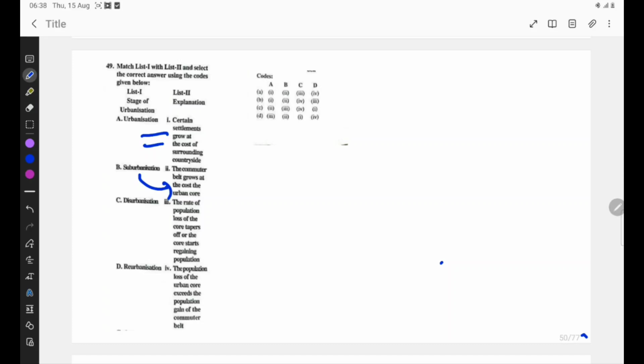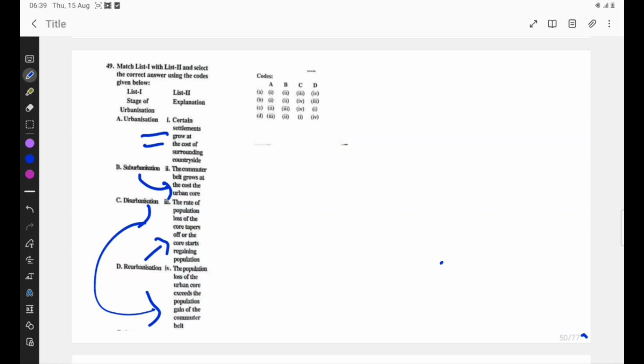Disurbanization is the population loss of the urban core exceeds the population gain of the commuter belt, C4. And reurbanization is the rate of population loss of the core tapers off or the core starts regaining population.